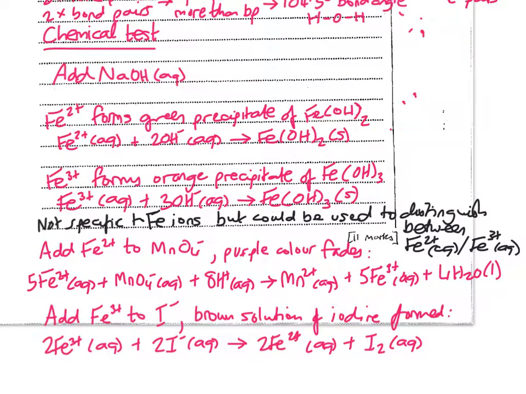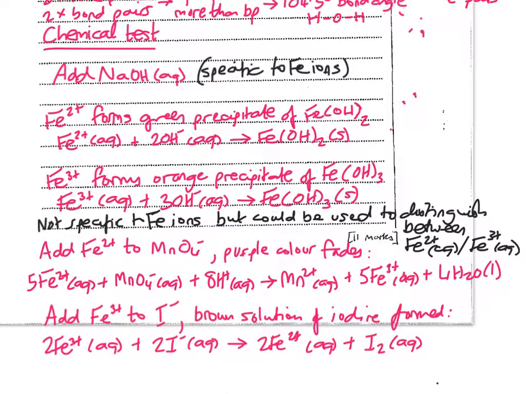Although this second set of chemical tests that are specific to this video clip aren't only for Fe ions, they could be used to distinguish between Fe2+ and Fe3+ if you happen to know that the 2 solutions you had were Fe3+ or Fe2+.